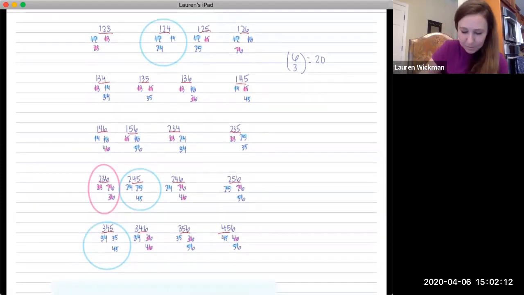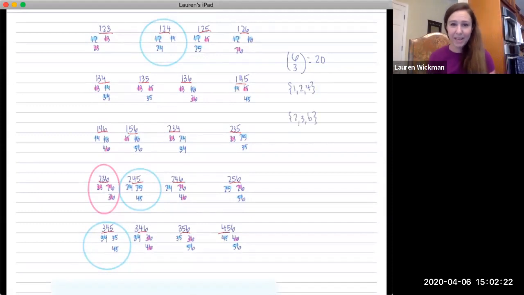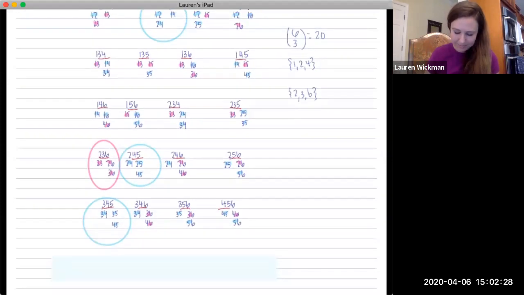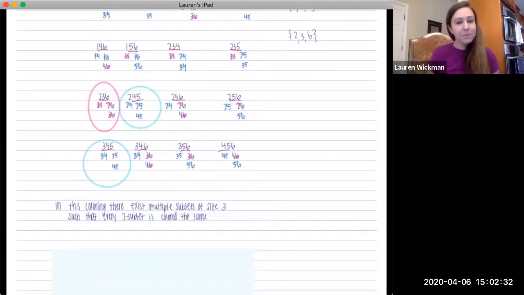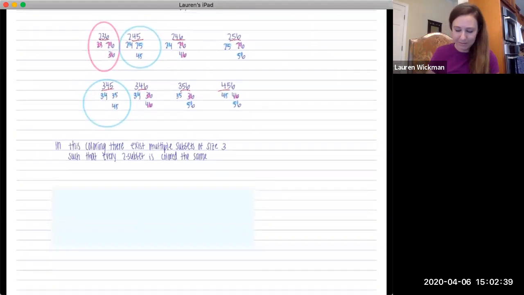So you'll notice 1, 2, 4, that's a 3 subset that's monochromatic in my coloring. 2, 3, 6, that's another 3 subset that's monochromatic. 2, 4, 5, and 3, 4, 5. So I had 4 monochromatic subsets. Okay, so that's what it looks like. So now let's state the actual theorem, and we'll hopefully be able to understand what all of the variables and everything's referring to.